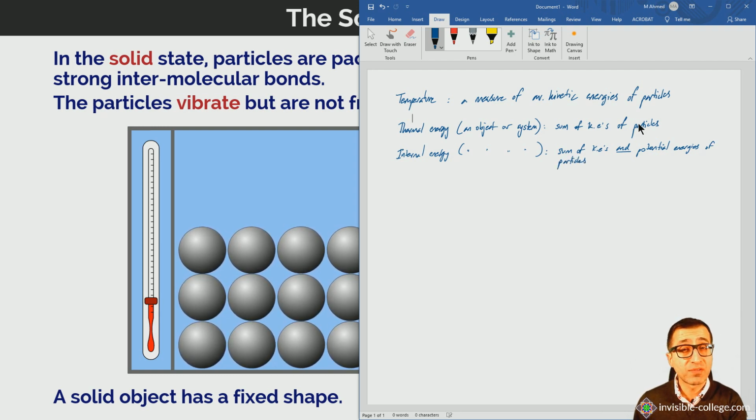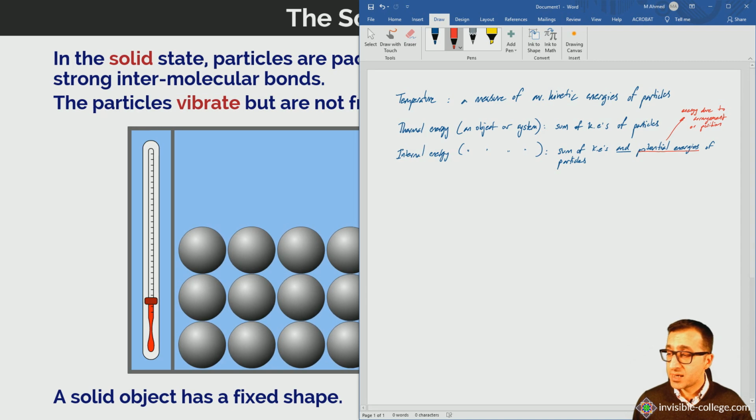So the internal energy of an object includes the thermal energy plus all of the potential energies of an object or a system. Now this term, potential energy, in general, potential energy is the energy due to arrangement or position.